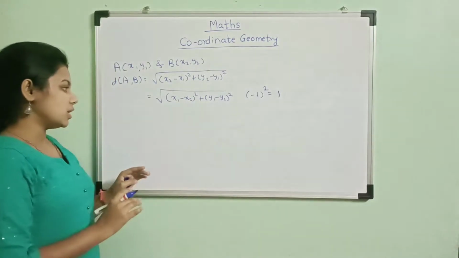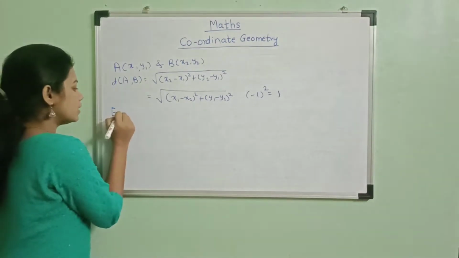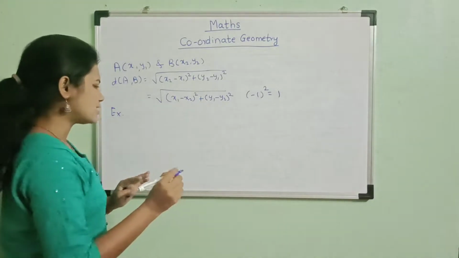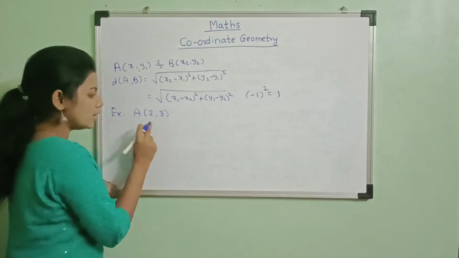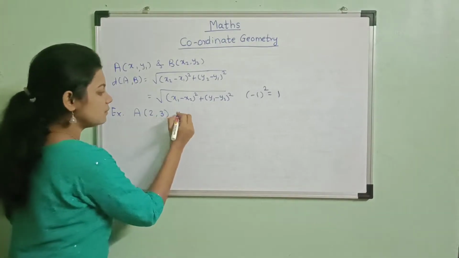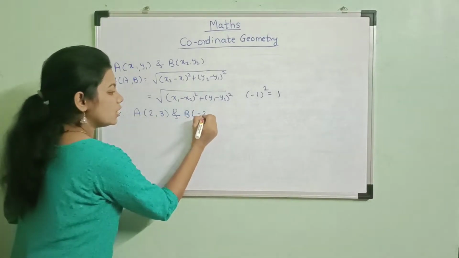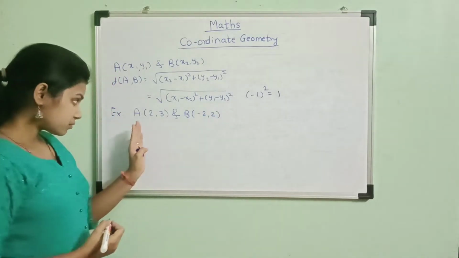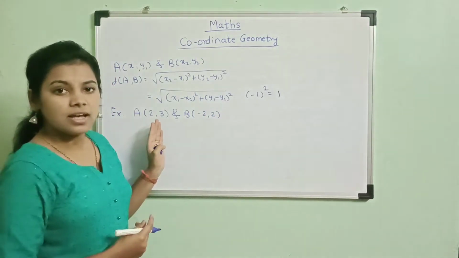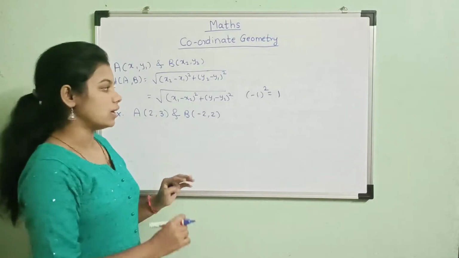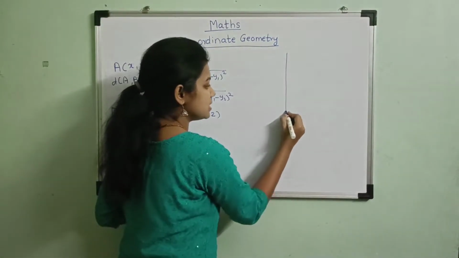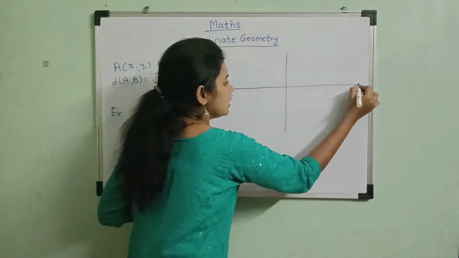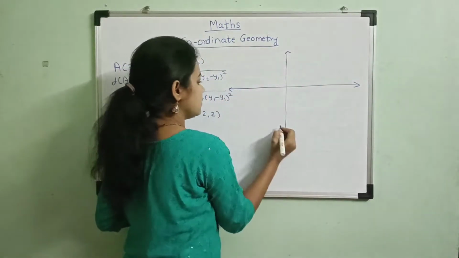Now if we consider one example, to find the distance between two points, suppose I consider A with coordinates 2, 3 and B with coordinates -2, 2. All of you know how to represent these points on the coordinate plane. Suppose this is the coordinate plane or Cartesian system.